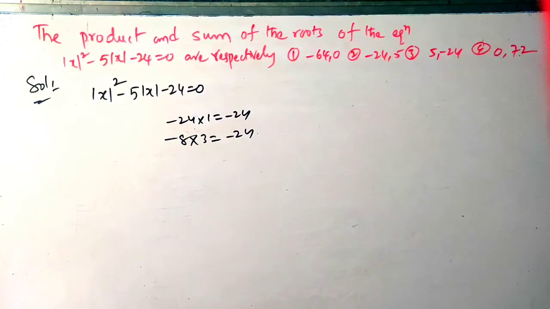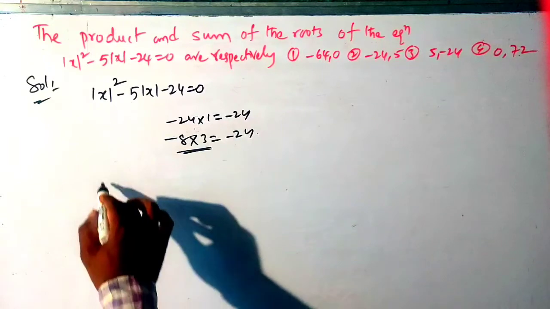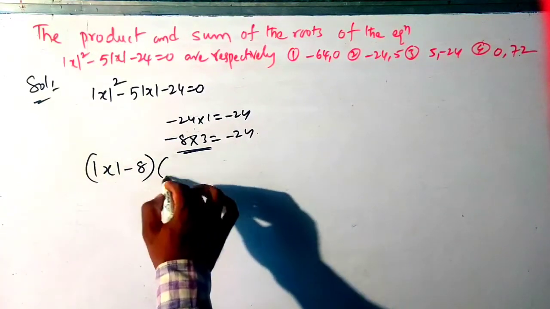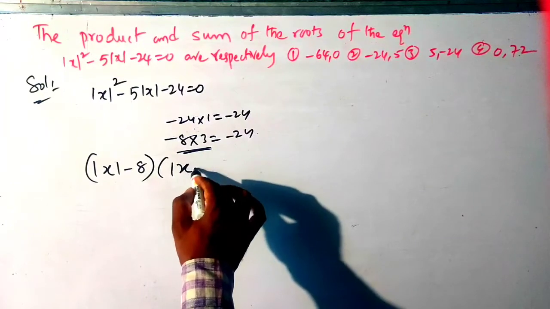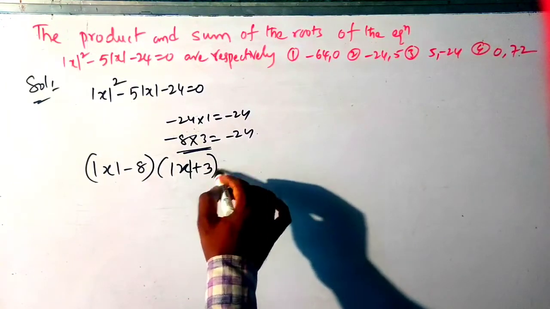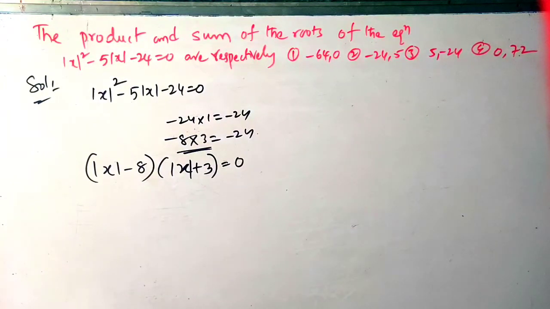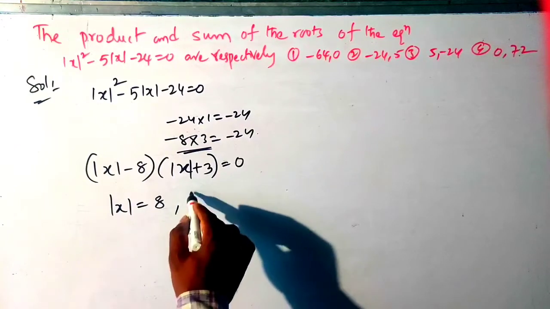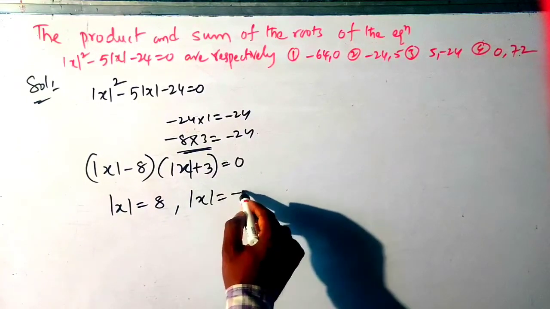So that's why we take these roots: (|x| - 8)(|x| + 3) = 0. So |x| = 8 and |x| = -3.